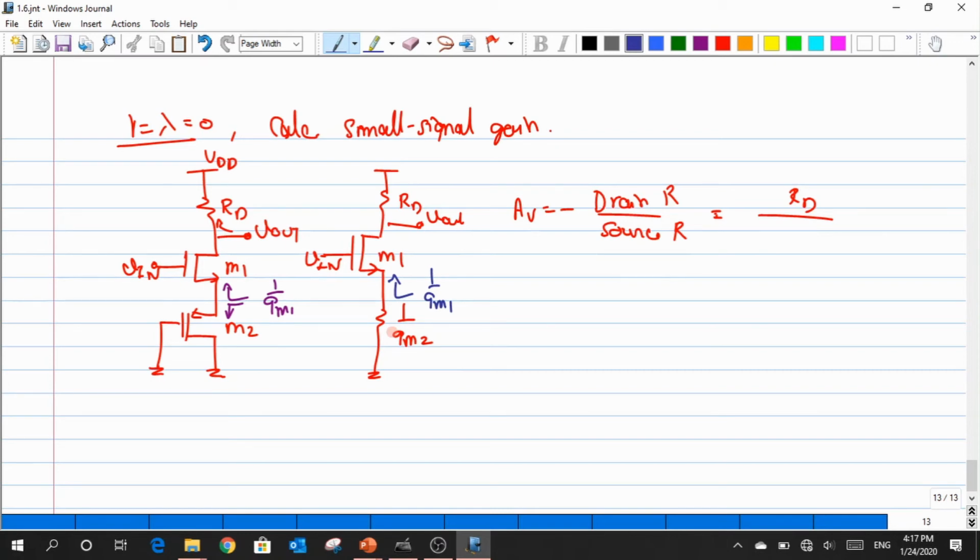Look up and down from this point, and the resistances get added up. Don't put them in parallel, they are in series. So the total source resistance is a summation: 1 by GM1 plus 1 by GM2, with a negative sign. Any doubt in this regard? If you have any silly doubts or confusion, please ask me so that we can clarify.